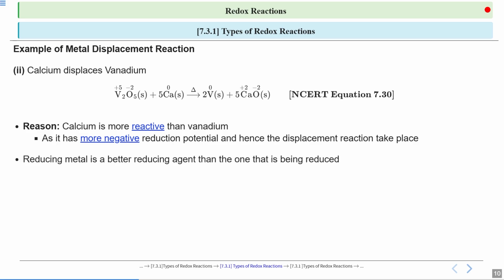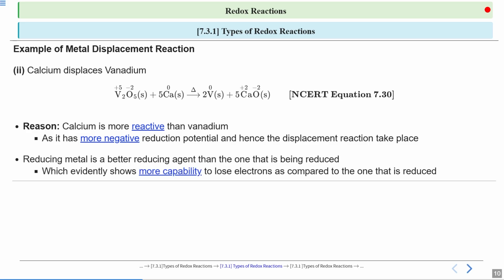The reducing metal is a better reducing agent than the one that is being reduced, which evidently shows more capability to lose electrons as compared to the one that is reduced. As we have already studied two examples, in each case you can find that a reducing metal is a better reducing agent than the one that is being reduced.